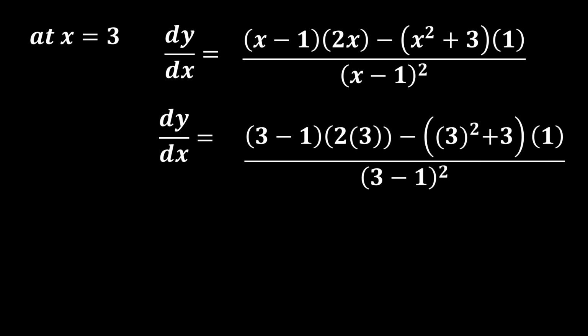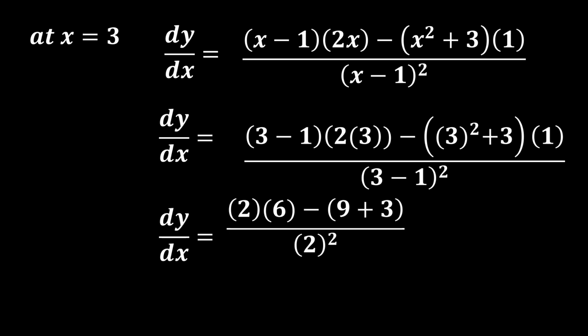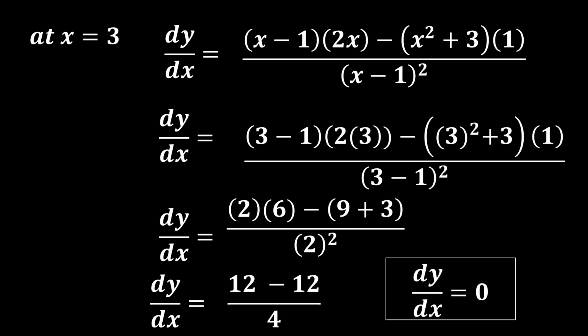If we simplify this, we will have 2 times 6 minus 9 plus 3 in the numerator. And in the denominator is 2 squared, which is just 4. So we will have 12 minus 12 in the numerator and 4 in the denominator. As you can see, the value of the derivative function when x is equal to 3 is exactly 0.